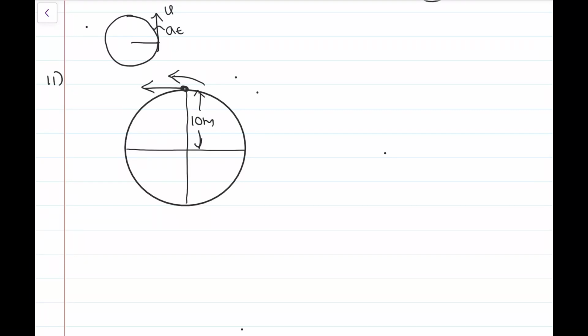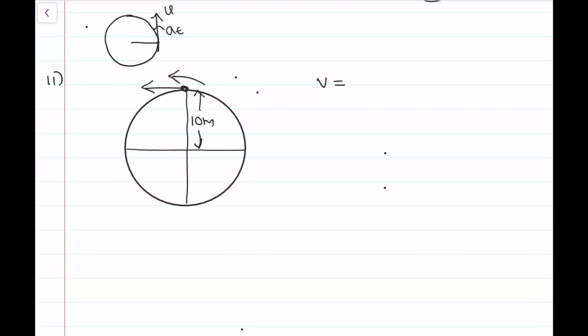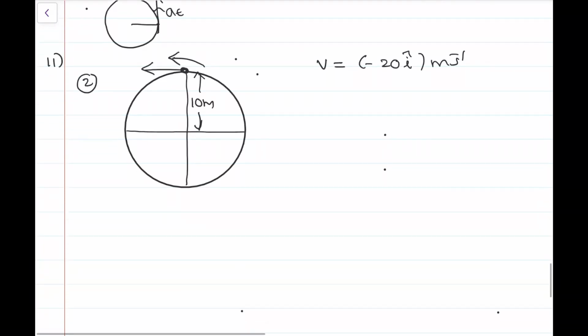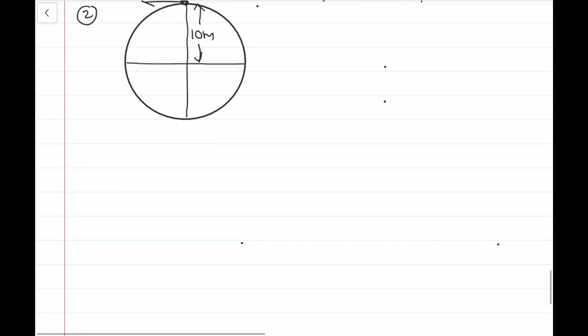So its velocity can be represented as minus 20 meter per second, minus 20 i cap, because it is on the left side. So minus 20 i cap meter per second, which is given in the second option.